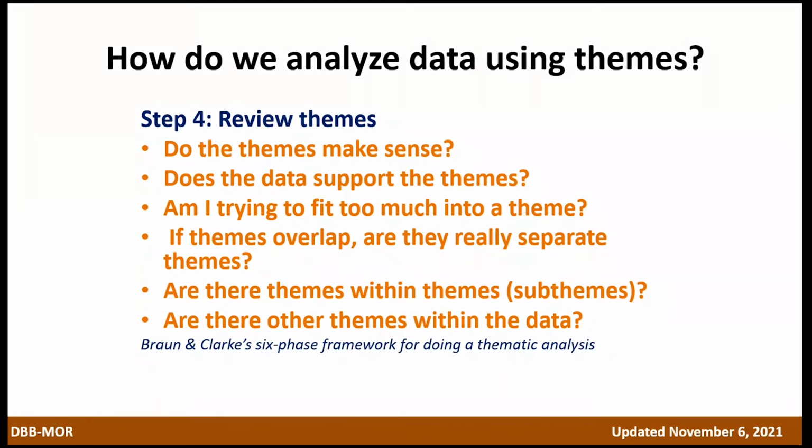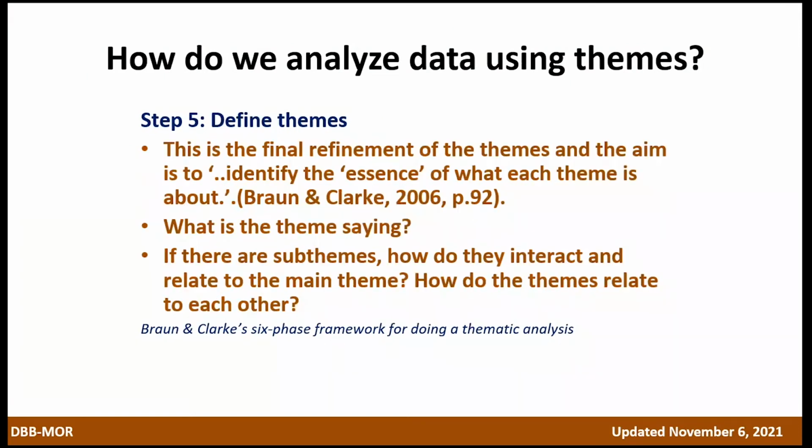Are there themes within themes or sub themes? Of course, there will always be sub themes because you cannot proceed with the themes without sub themes. Are there other themes within the data? Always. Then define the themes.